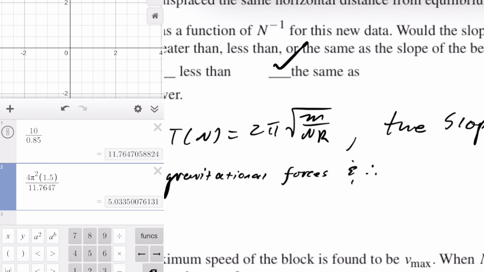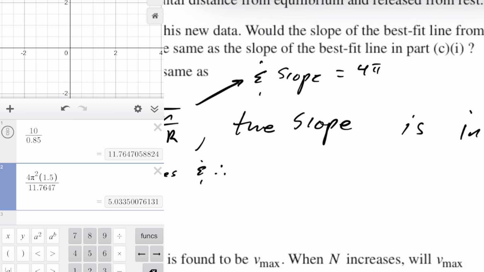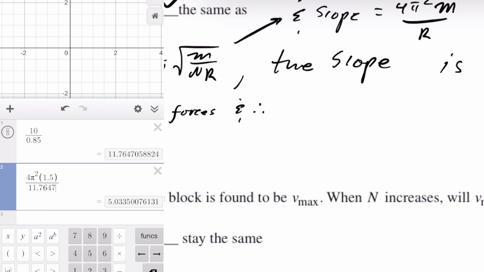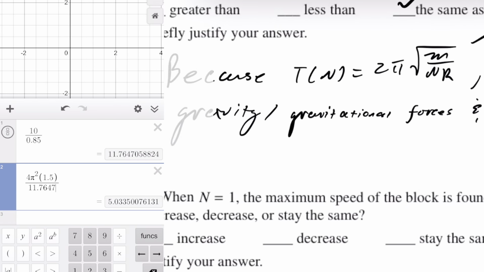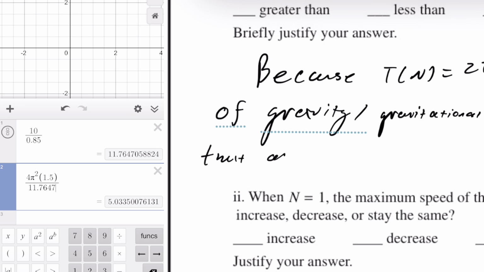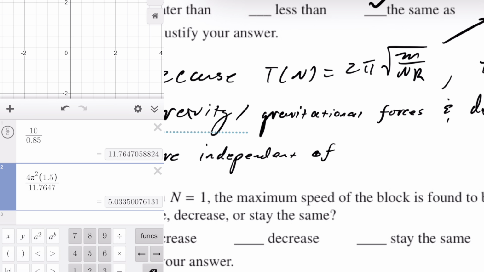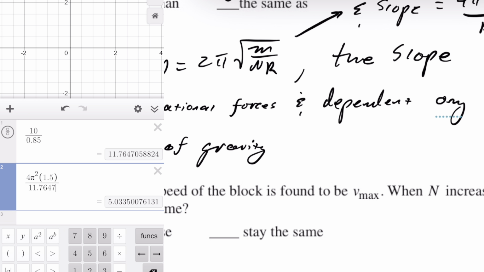So because slope equals 4 pi squared m over k, the slope is independent of gravitational forces and dependent only on variables that are independent of gravity, therefore same slope.